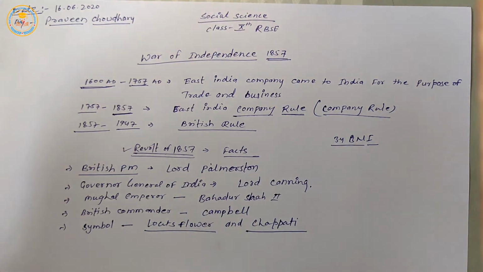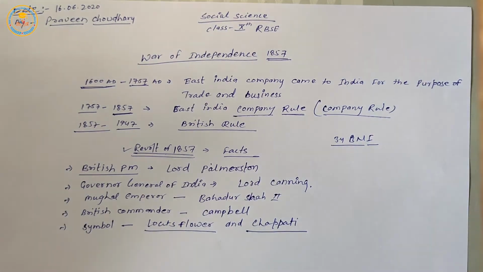At the time of the revolt of 1857, a new rifle named the Enfield rifle was in use. These rifles used greased cartridges, and these cartridges were greased with pig and cow fat.